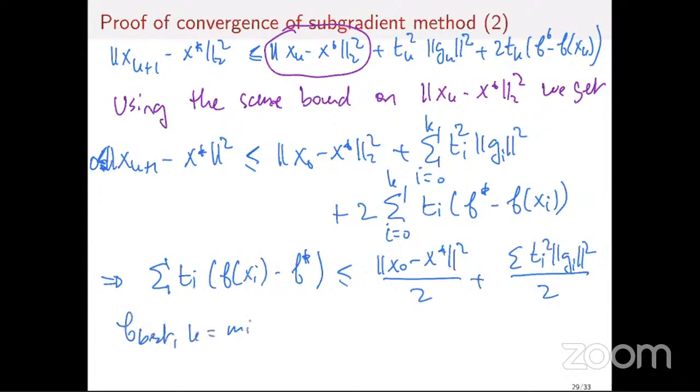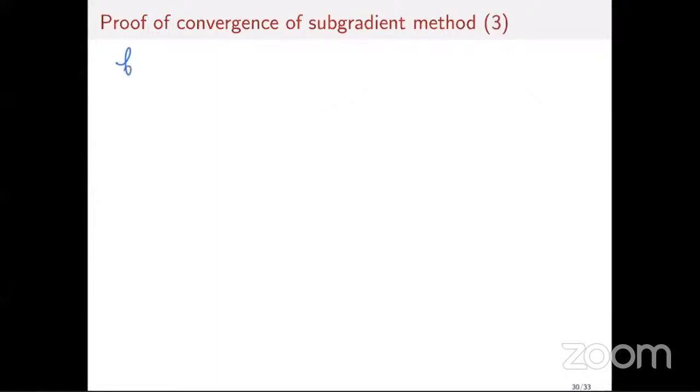Now let's define f best k to be the minimum of f of x0 up to f of xk. What I can definitely write is that f best k minus f star is the minimum of the f of xi minus f star, and so in particular it is smaller than the average of these values.